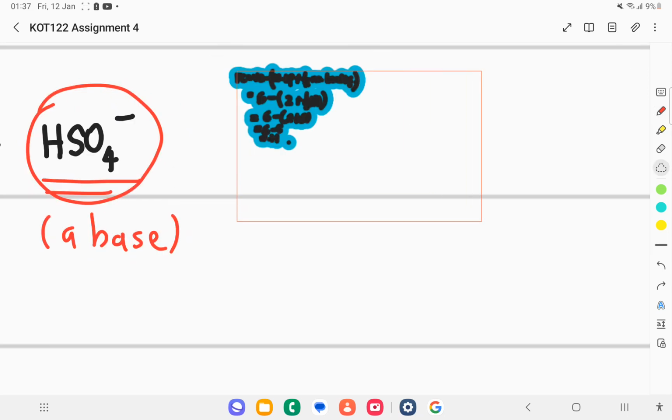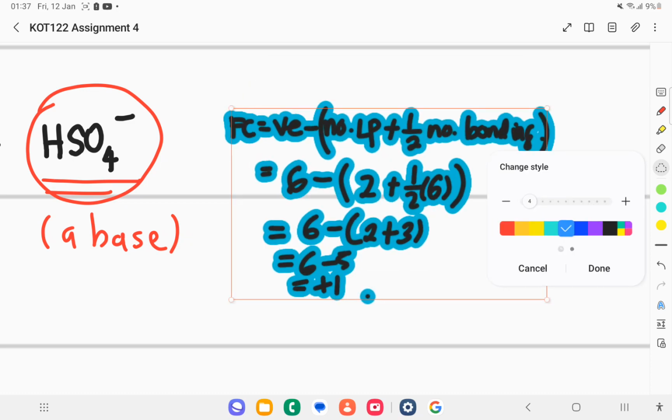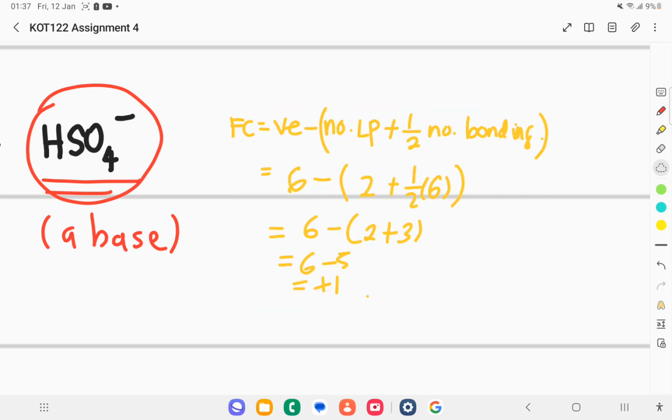We will calculate the formal charge of the oxygen atom.